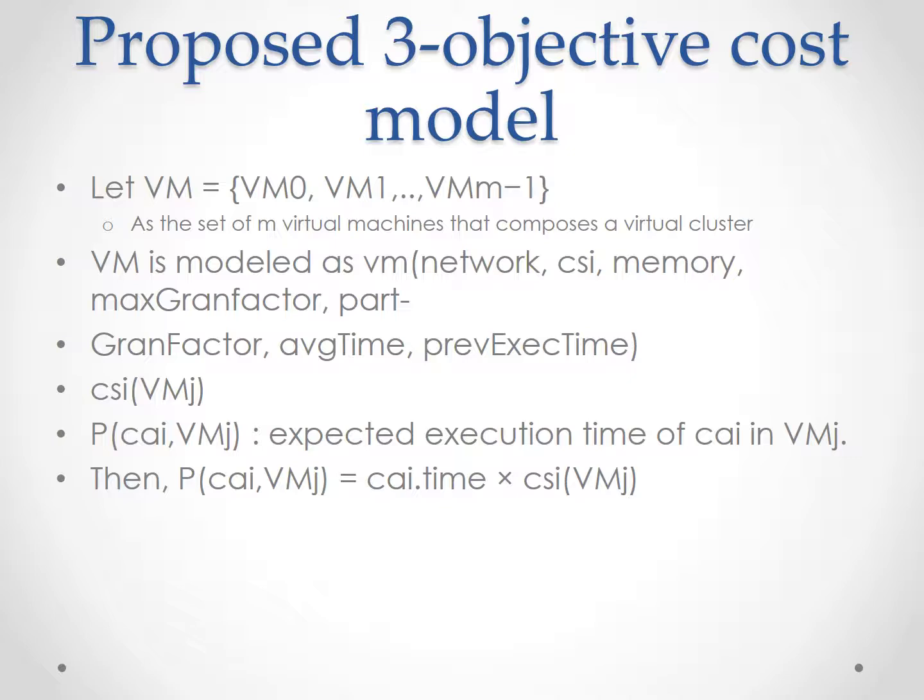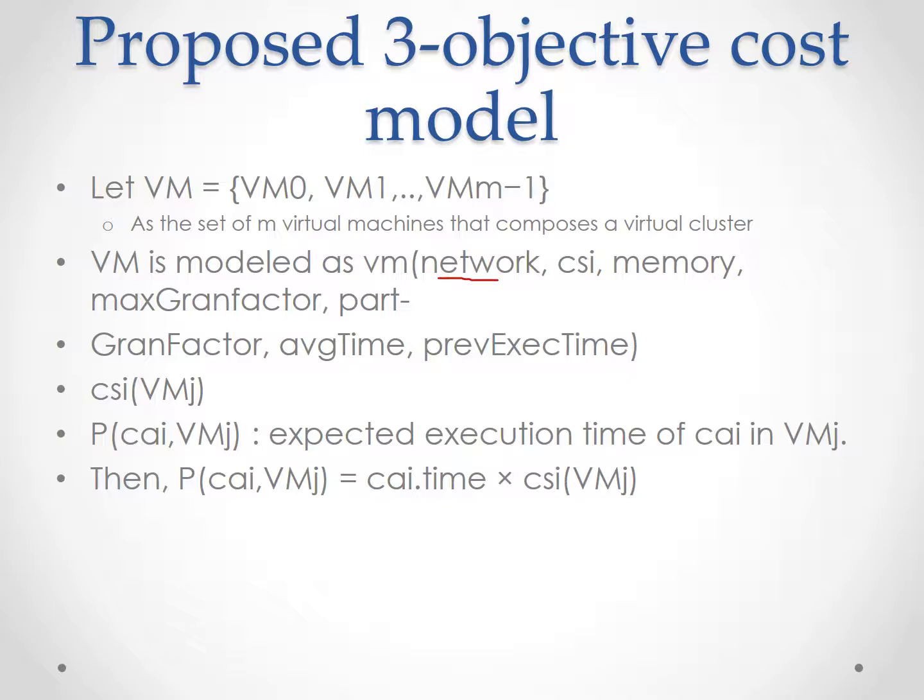This paper proposes a three-objective cost model. Let VM be the set of M virtual machines that composes a virtual cluster. A virtual machine is modeled as VM in brackets: network, CSI, memory, max grant factor, part grant factor, average time, previous execution time. Now, network means the network bandwidth of the virtual machine.